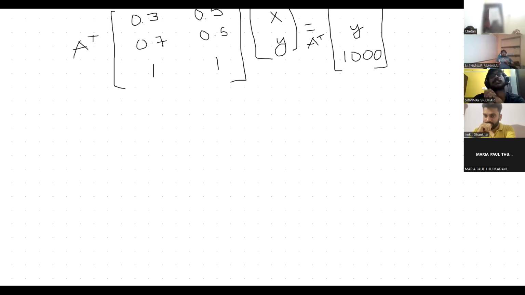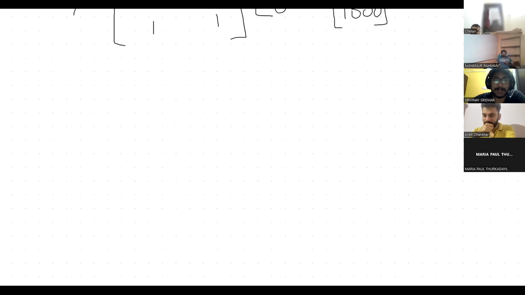Think about it like this. When I look at a column, I know I'm taking a vector. Let me go slowly. It's a very tricky concept as well. Let's say there's just one column vector.